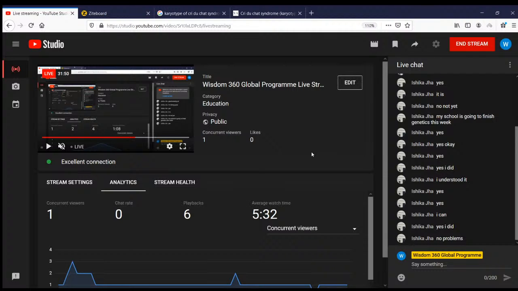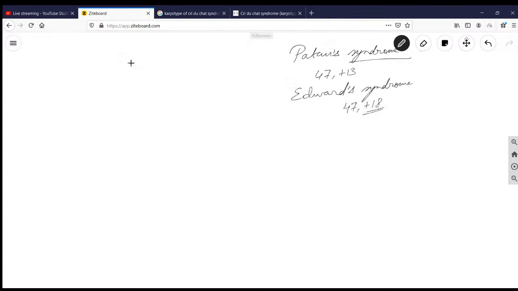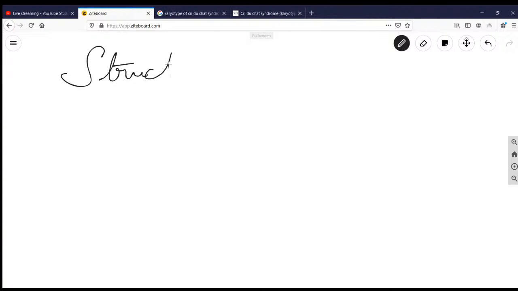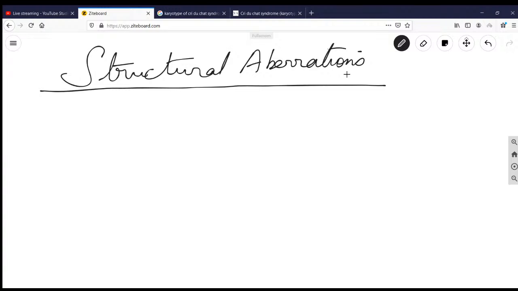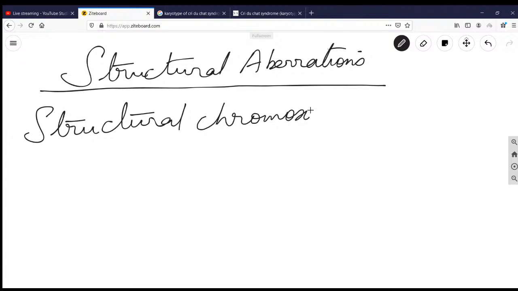So now let's come on to the structural aberrations. When we come to structural aberrations, what does it mean? It means structural chromosome rearrangements. Some chromosomes will have some kind of defect, like I just showed you in cri-du-chat syndrome, where a part of the chromosome went missing, right?